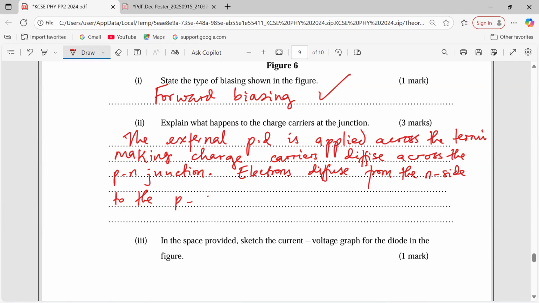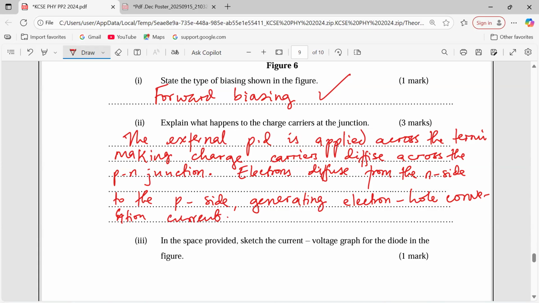Generating some current, or rather creating electron-hole movement, generating electron-hole convection current.